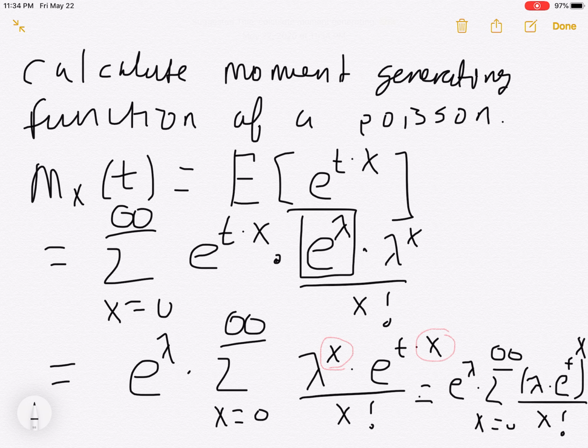So now let me rewrite that on the next page.